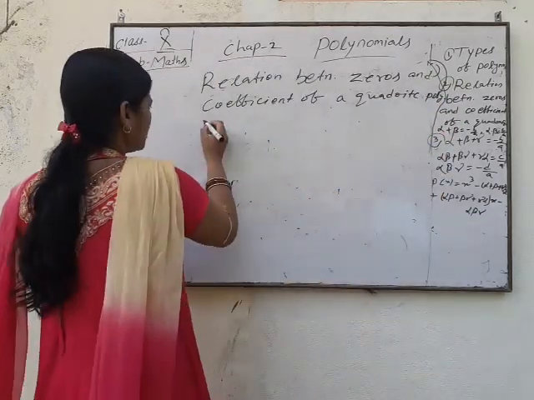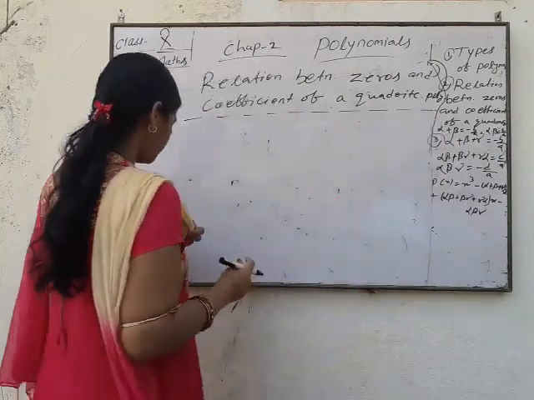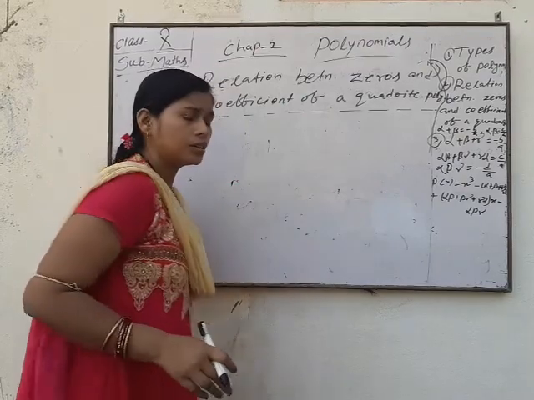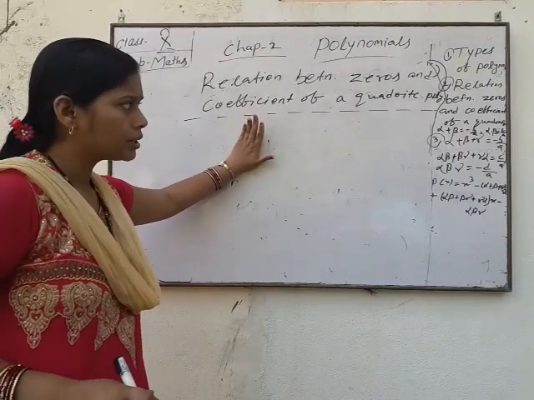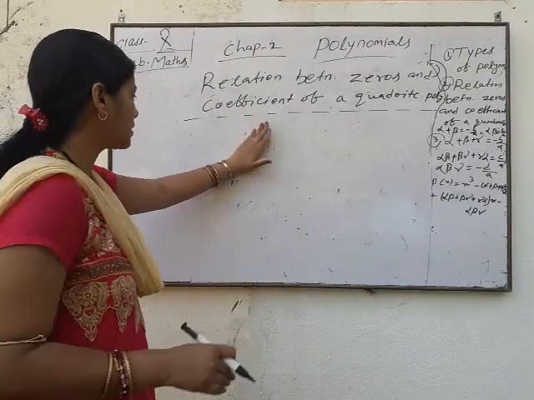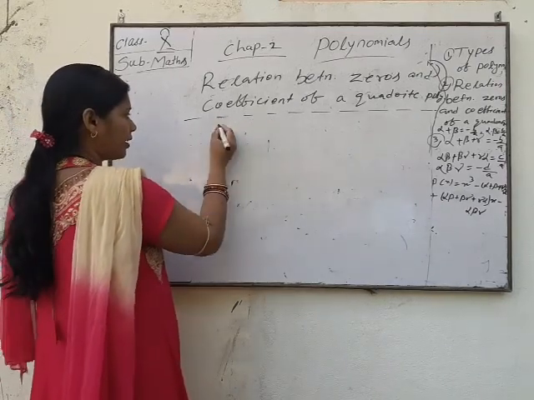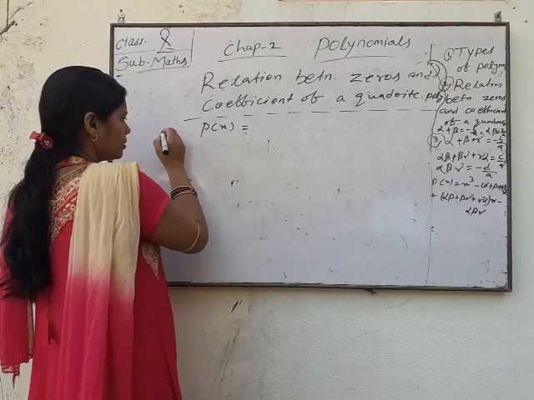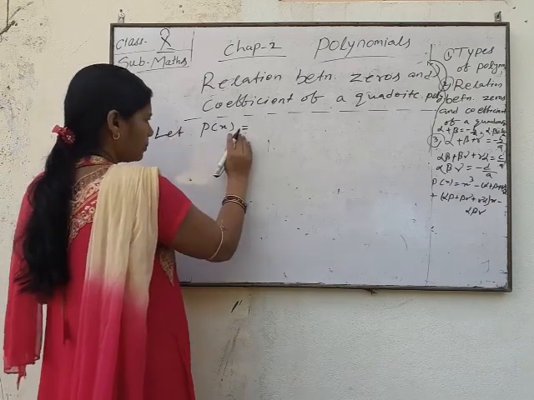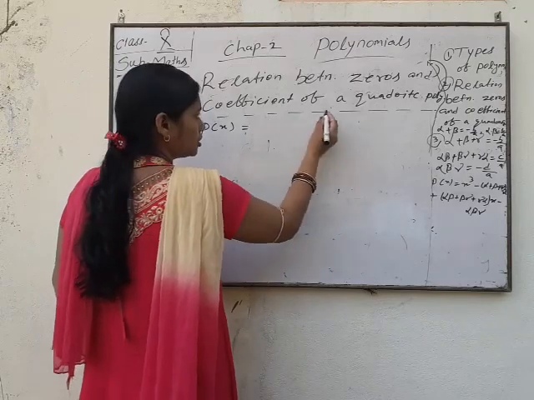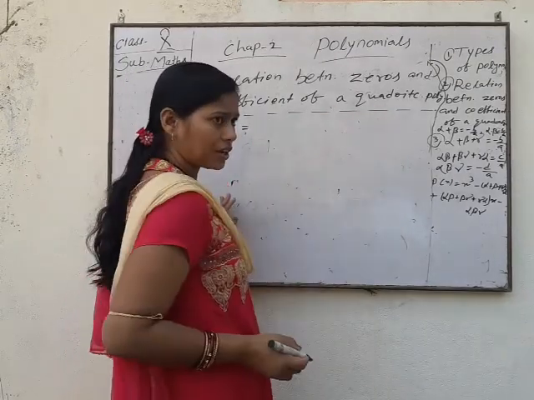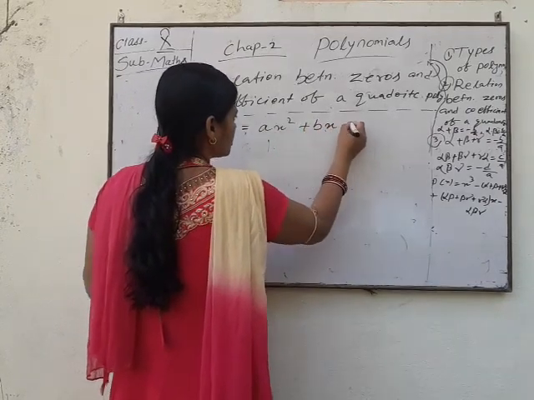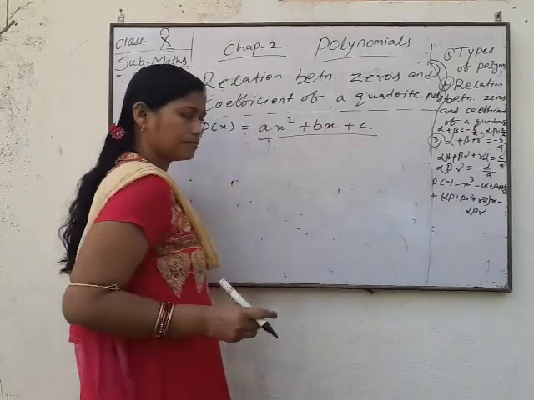Okay, this is a point. Relation between zeros and coefficients of a quadratic polynomial. So your standard form of a quadratic polynomial, let p of x is equal to, this is a quadratic means your degree is 2, ax square plus bx plus c. This is the standard form.